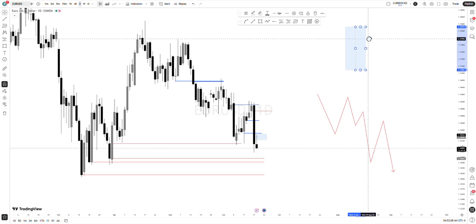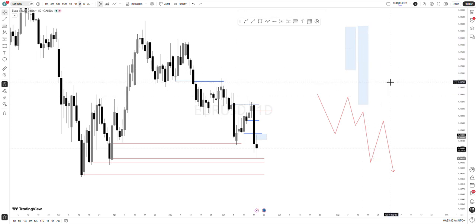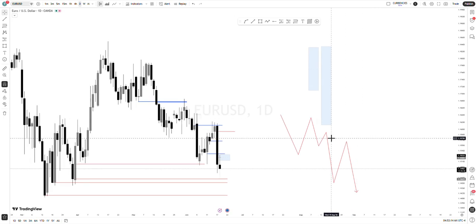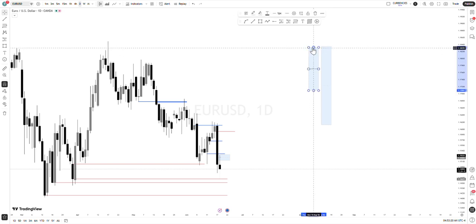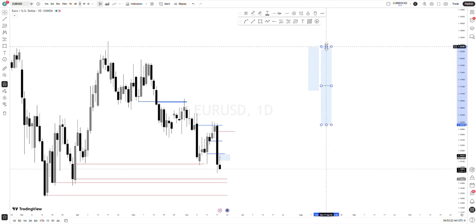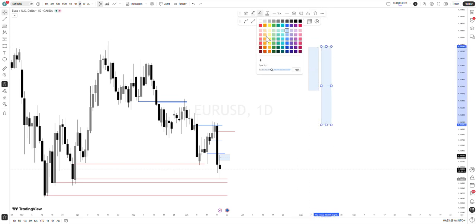For a bearish scenario, what is likely to give us a bearish movement will be something like this: a bullish candlestick followed by a momentum bearish candlestick.